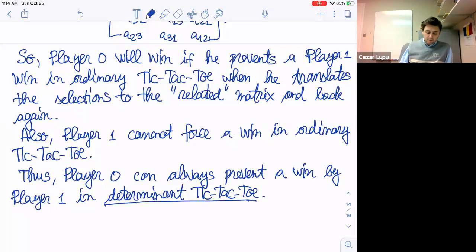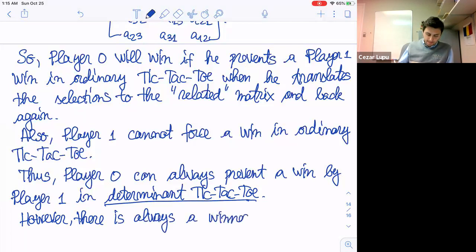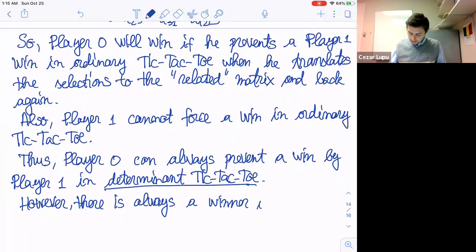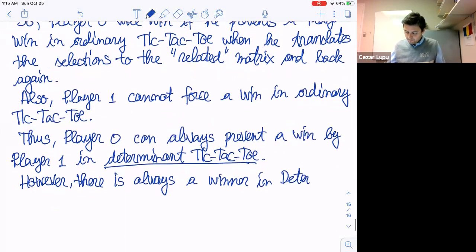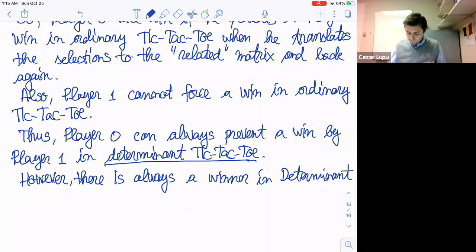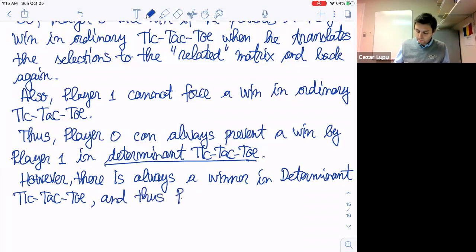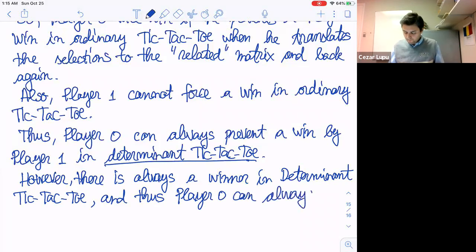Okay, so at this point it's clear that there is always a winner in determinant tic-tac-toe, and thus player 0 can always win.